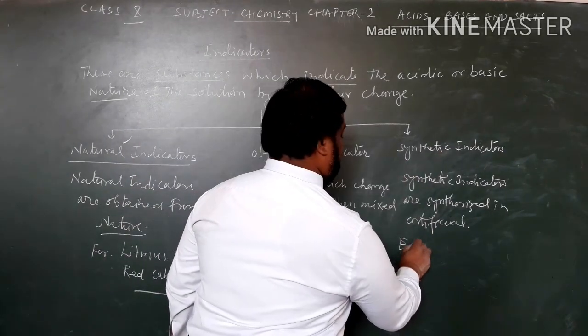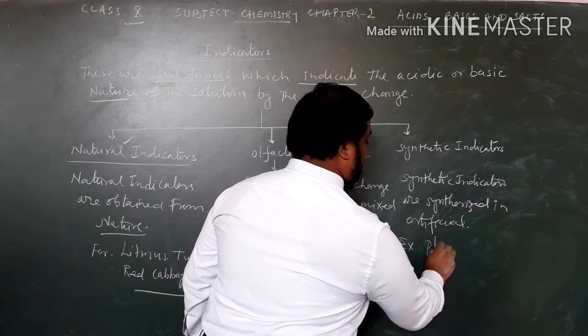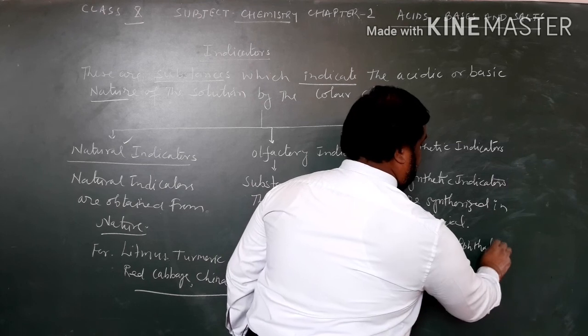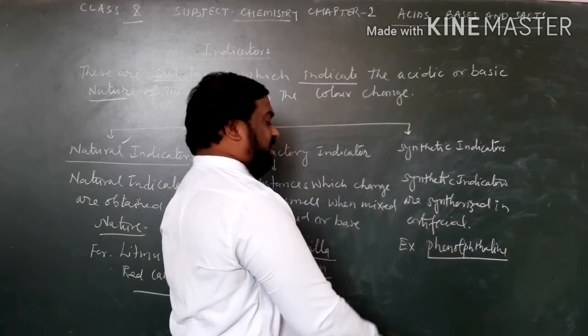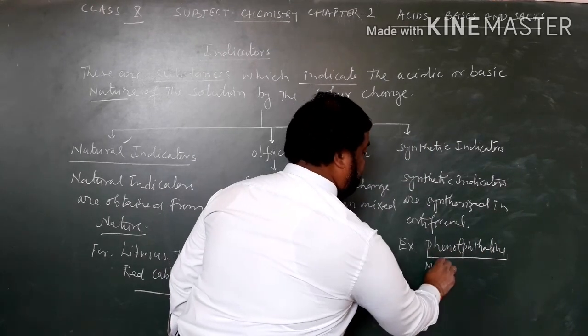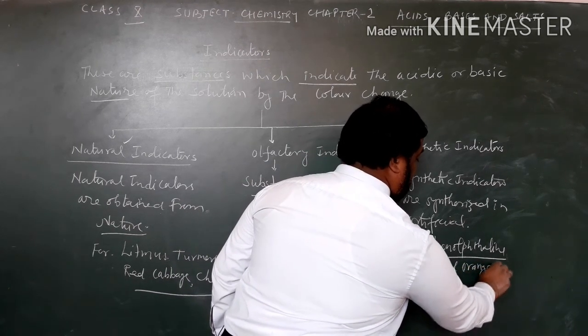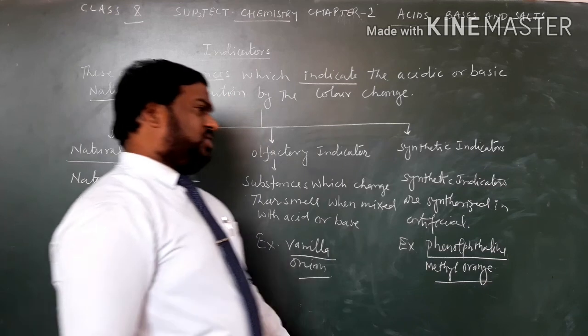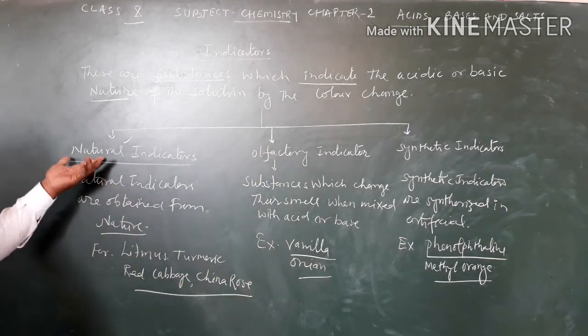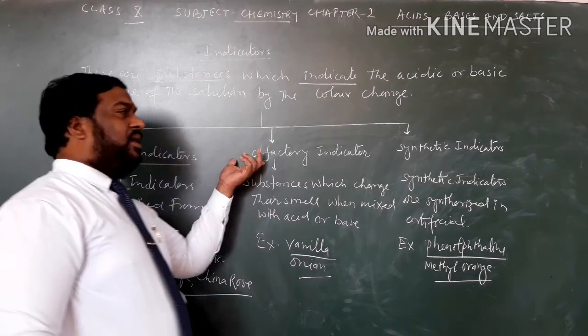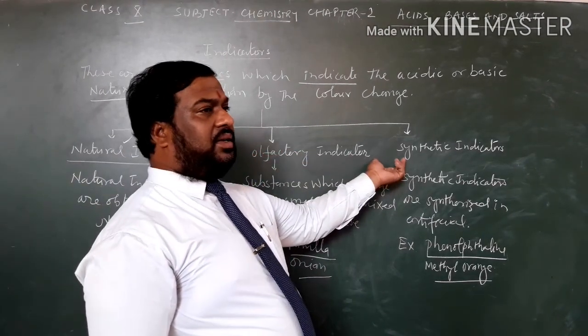For example, phenolphthalein is one indicator, and the second one is methyl orange. So, dear student, that is about natural indicators, olfactory indicators, and synthetic indicators.